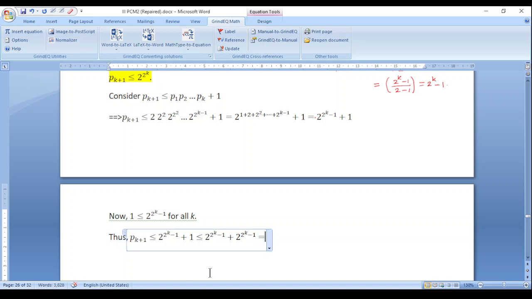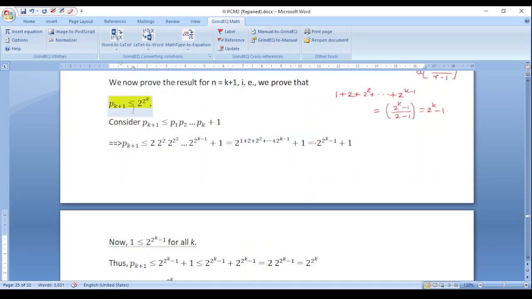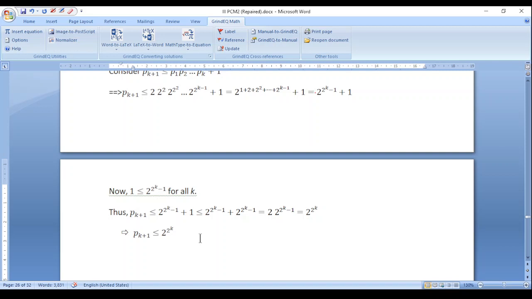Because both are exactly the same, this is going to be 2 into 2 to the power 2 to the power k minus 1, and upon simplification this gives us simply 2 to the power 2 to the power k. And what have we achieved? This implies that p(k+1) is less than or equal to 2 to the power 2 to the power k. Right? Is that what we wanted? As you can see, this is exactly what we wanted.